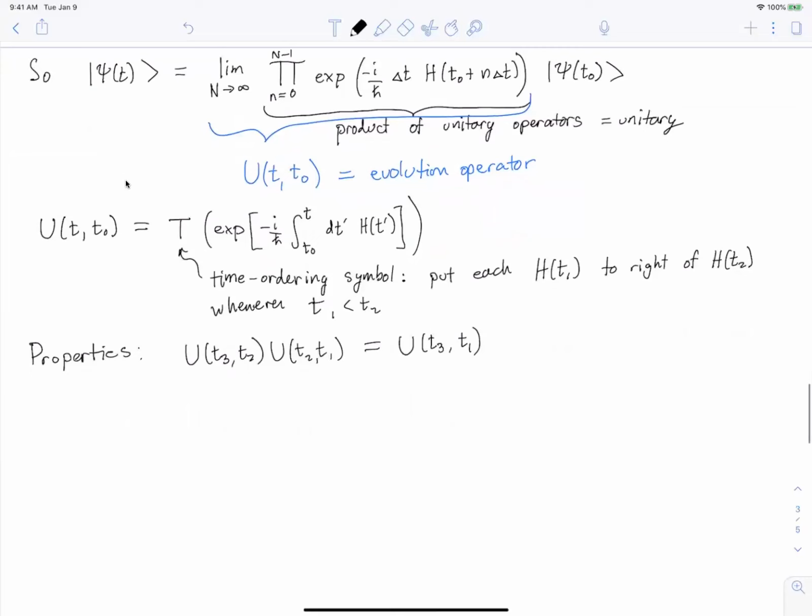Okay, another thing is that it is indeed unitary, but there's one more thing we can say about it when we talk about its unitarity, and that is that if I take U(t2, t1) and I take its dagger, its Hermitian conjugate, that's the same thing as the inverse.